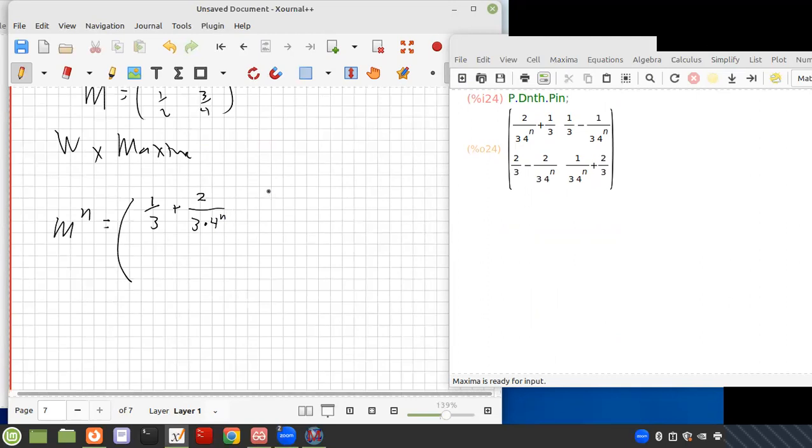Okay? This one is 1/3 minus 1/3 times 1/4 to the n. And this is 2/3 minus 2/3 4 to the n, and 2/3 plus 1/3 1/4 to the n.